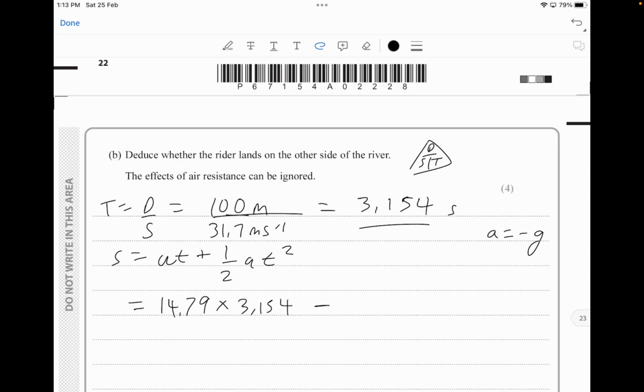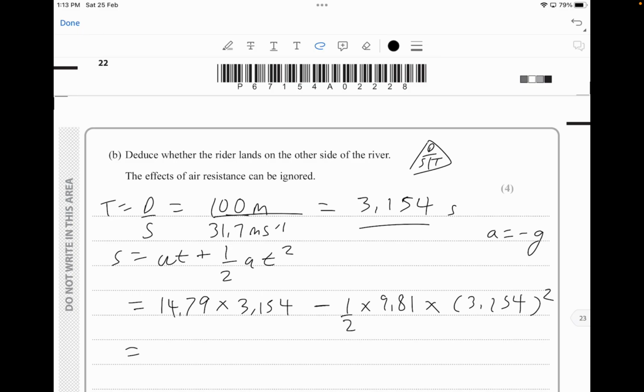So it's going to be negative half times 9.81 times the time, which is again 3.154 squared. Now, what I like to do is 14.79 times 3.154 minus half times 9.81 times 3.154 raised to the power of 2.